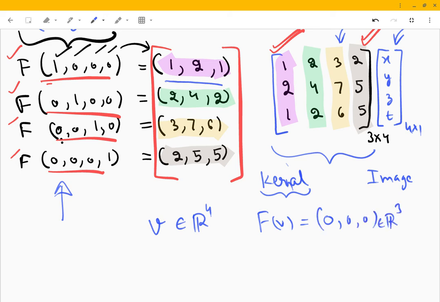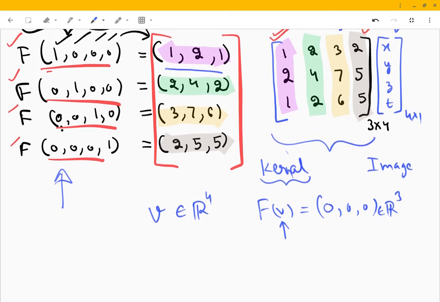All these vectors, their set, their collection, is called the kernel. So understand we need to look for 4-tuples. So we will take the transformation matrix and reduce it to echelon form. Okay, let's do it.